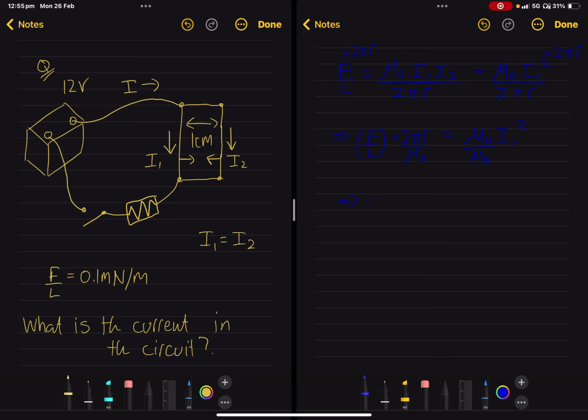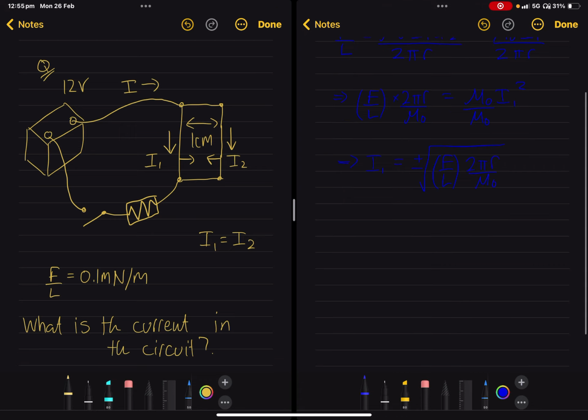This gives me the current in one of them, which is the current in both of them, is equal to the positive negative square root of F on L times 2 pi r over mu naught. So now I can just plug everything in, and we'll just assume it's the positive, because it doesn't matter if it's positive or negative, we just need the magnitude really.